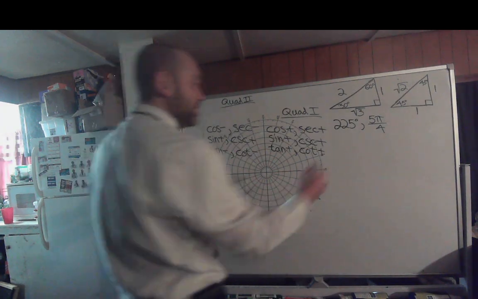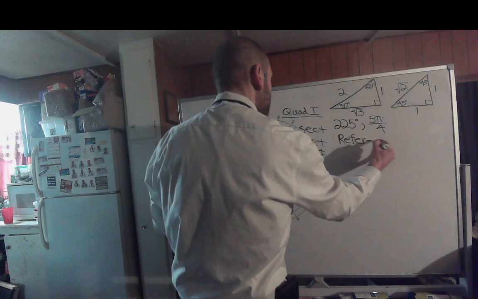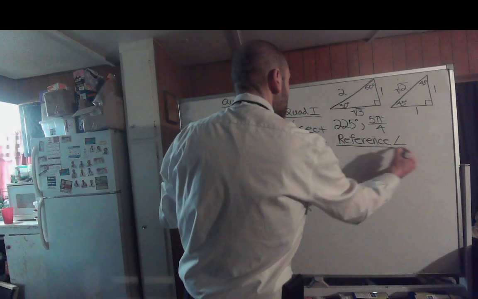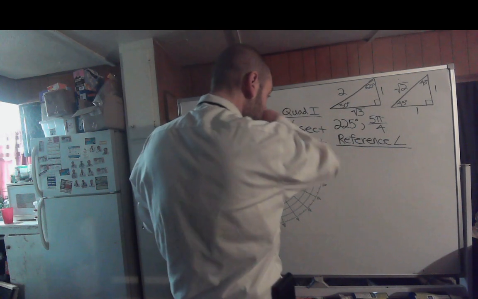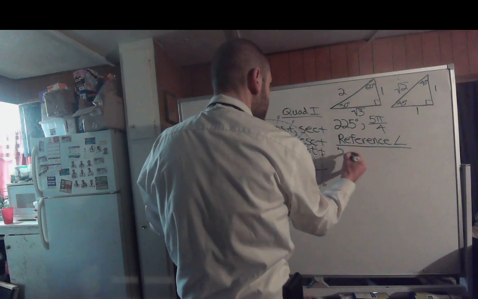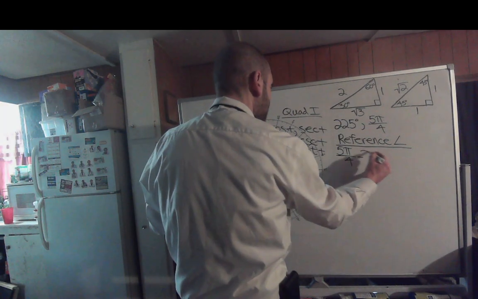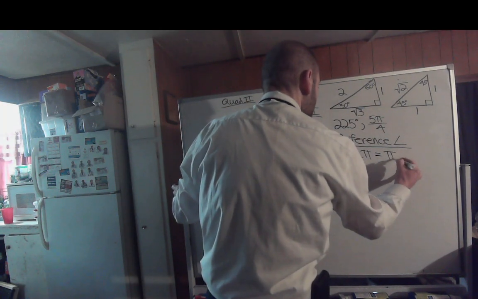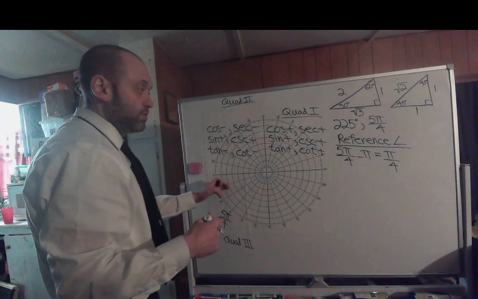To find the reference angle here, again, we're in the third quadrant, so you're going to take 5 pi over 4 minus pi, which would mean pi over 4 is your reference angle, which would be treated like a 45-degree angle.